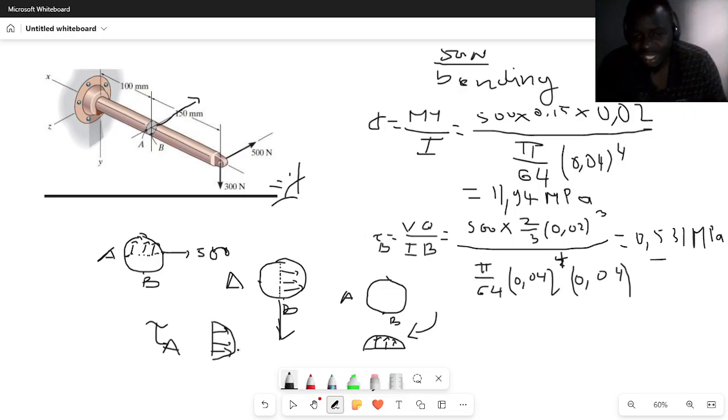This is one of the reasons that I say it is quite easy. This is about the shear stress. Now let's look at the bending.